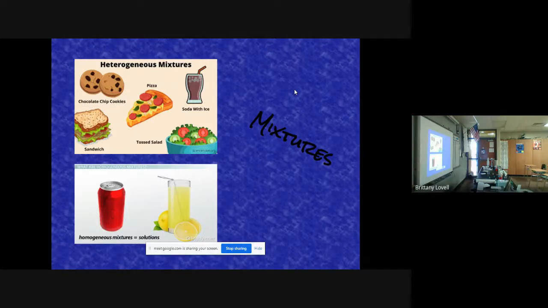Heterogeneous mixtures are going to be those where you can see visible differences. So in the box for the heterogeneous, you write heterogeneous, you can see visible differences in heterogeneous mixtures.